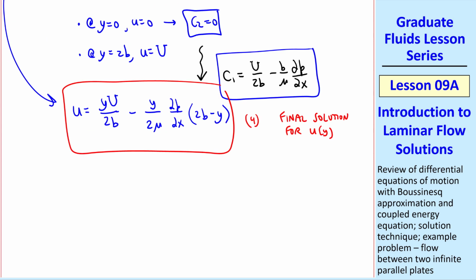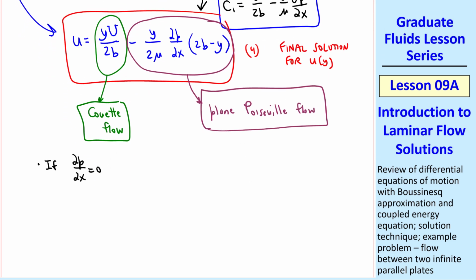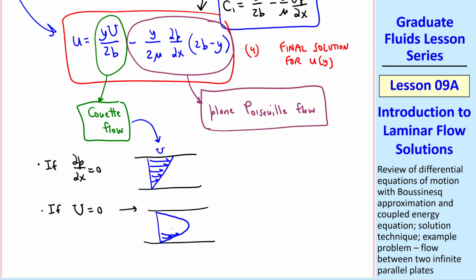If you look back at our previous notes from lesson 4b, this part of the solution is Couette flow. This part of the solution we'll call plane or planar Poiseuille flow. In other words, if ∂p/∂x is 0, there's no forced pressure gradient, we have Couette flow. And if the top plate is stationary, we have a parabolic profile that we call plane Poiseuille flow, which is kind of a two-dimensional version of pipe flow.